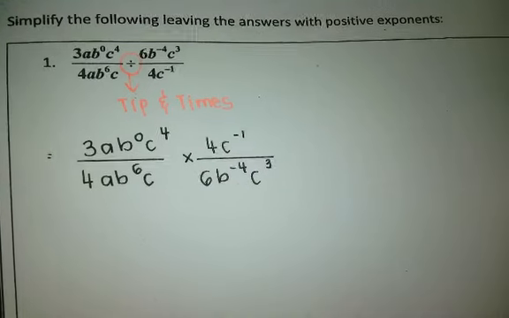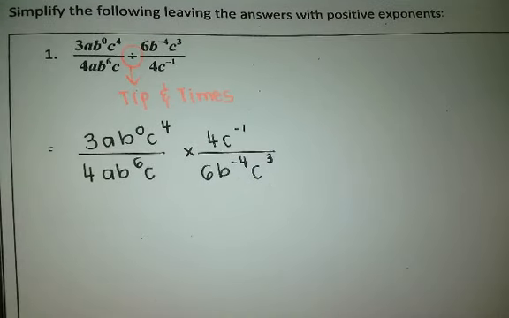From here, we can first sort out our exponents and then we can start cross cancelling. But if you want to start cross cancelling and then sort your exponents out later, it's okay. I just find it easier to first make my exponents positive.